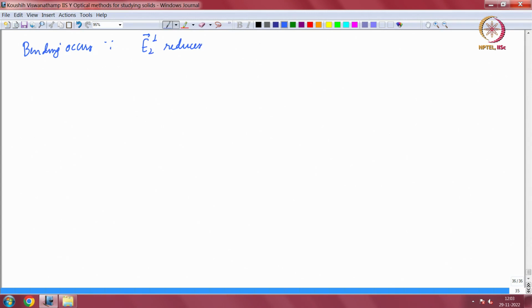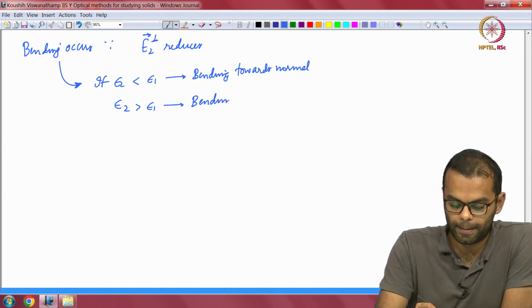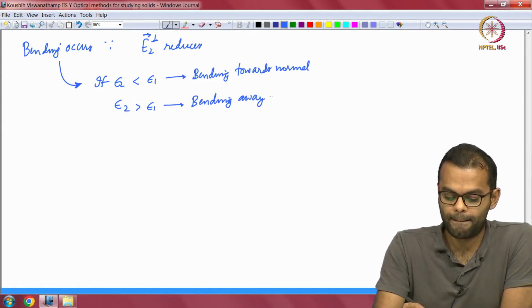Now, notice also from here you can derive the fact that if epsilon 2 is less than epsilon 1, then you have bending towards the normal, and if epsilon 2 is greater than epsilon 1, which is the case we just discussed, then you have bending away from the normal.